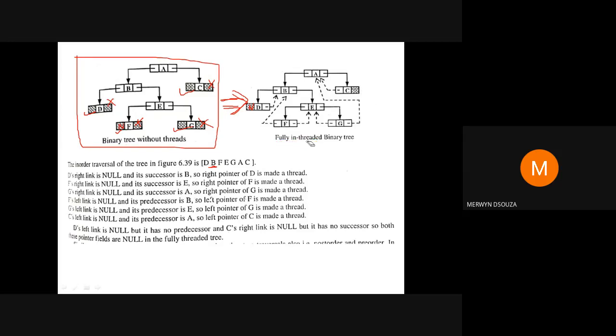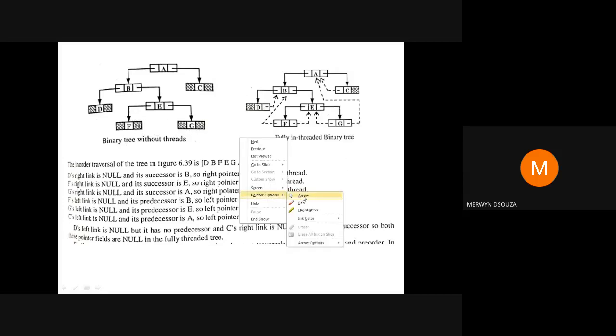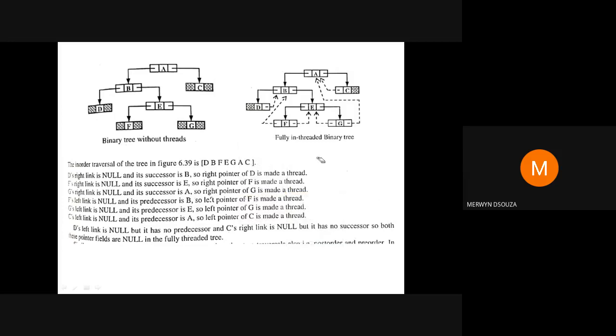And this is what you get as a fully in-threaded binary tree, wherein you have replaced the null pointers on the left side and the right side with the in order predecessor and in order successor.